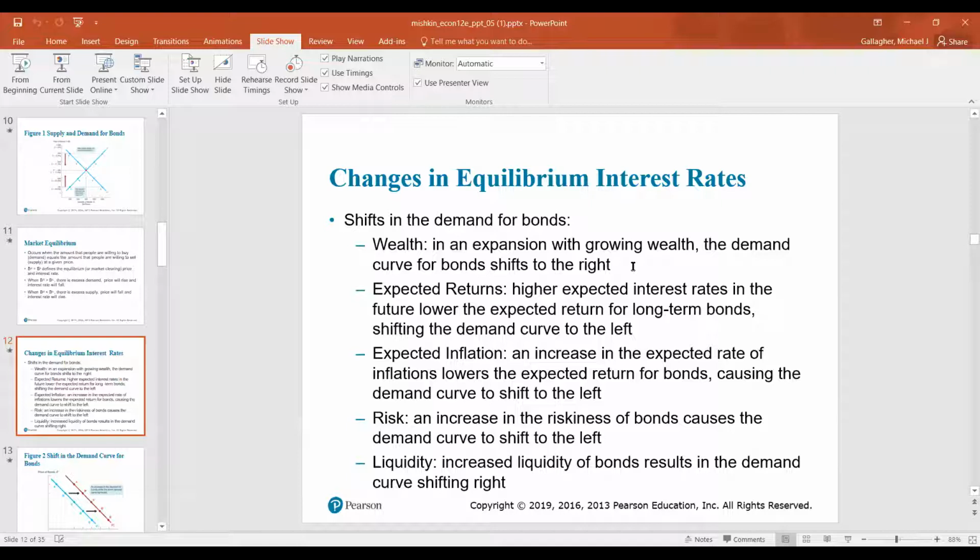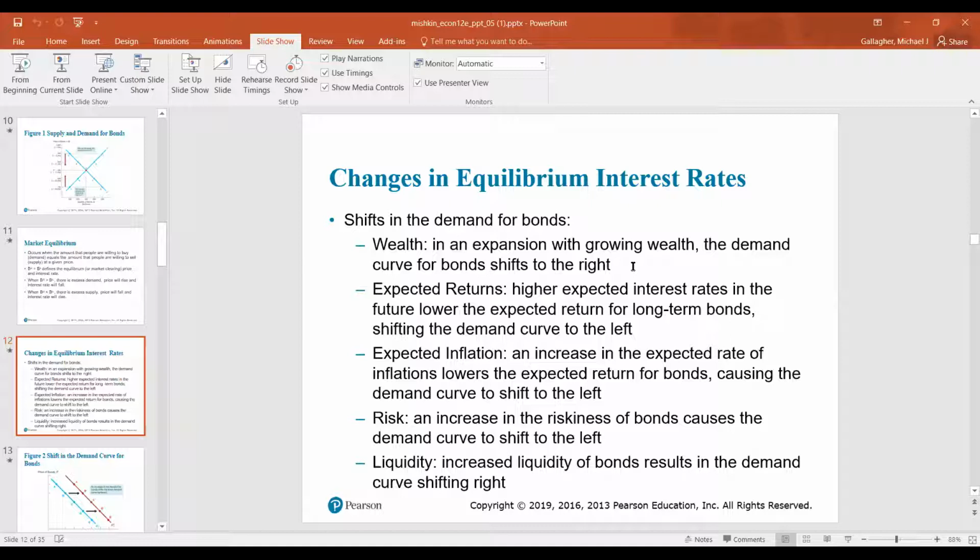Expected returns: a higher interest rate would lower prices, lower the expected return on the bonds, thereby shifting the demand curve to the left. Lower interest rates would increase the expected return, thereby shifting the demand curve to the right. Inflation: higher prices on houses and cars would lead to higher nominal capital gains, which would increase the return on those assets.